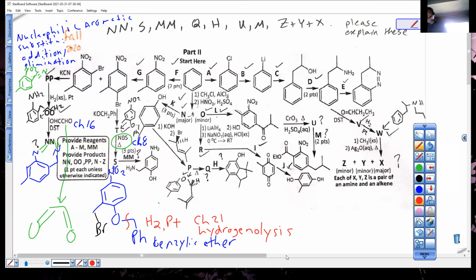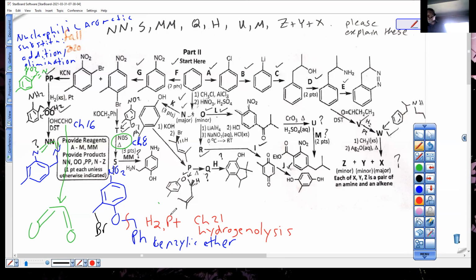Hydrogenolysis will cleave your ether, which will then become an alcohol, and you get toluene if you're curious. That's phenyl CH3. So you put an H on each side here. So that's one of those three points.